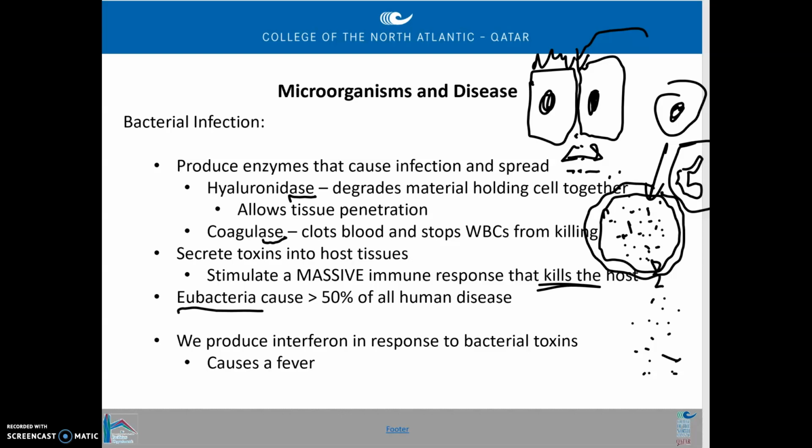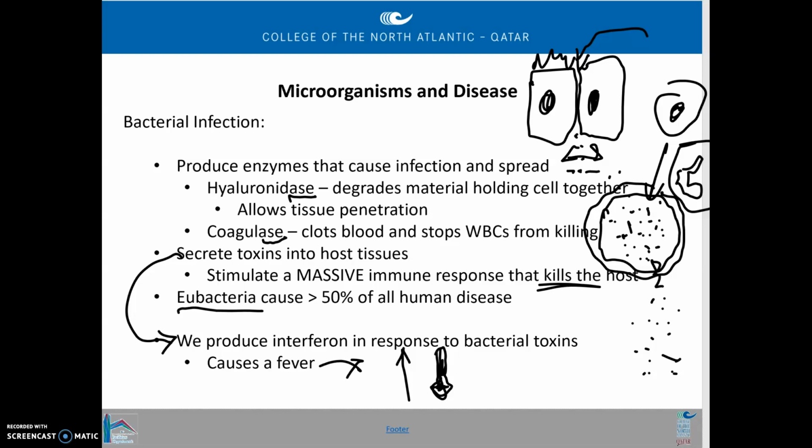One of the things that happens when these bacteria secrete toxins is we produce interferon and other compounds called pyrogens, and this causes a fever. And what a fever's goal is, is to increase the temperature in your body, and that increase in temperature will increase your metabolism for one thing.